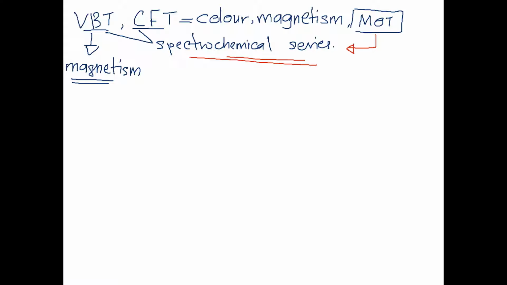Before we move on into MOT, let us refresh. Actually, you have learned MOT in your organic chemistry. The MOT that you learned in organic chemistry is the molecular orbital theory for organic compounds.